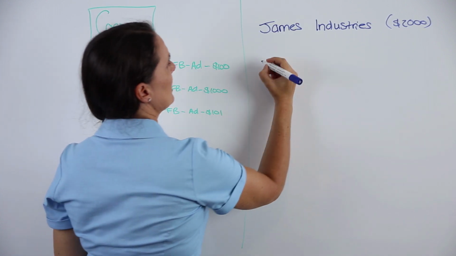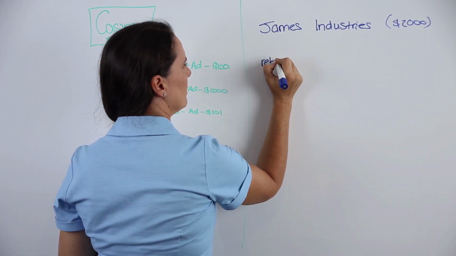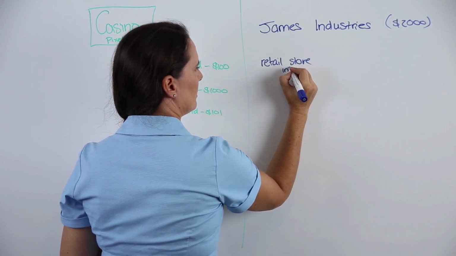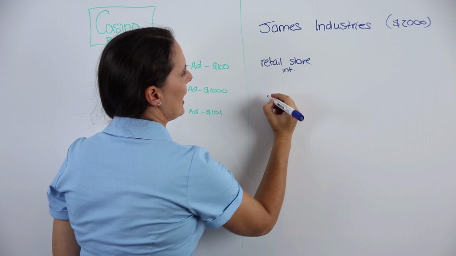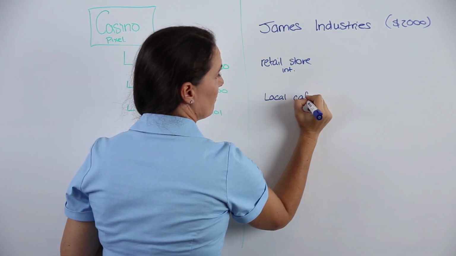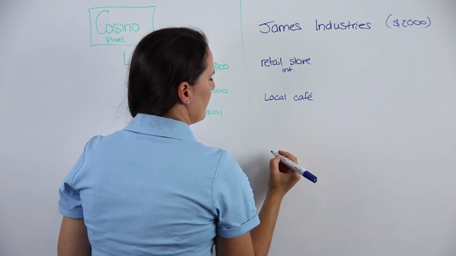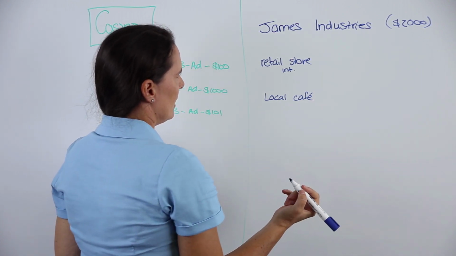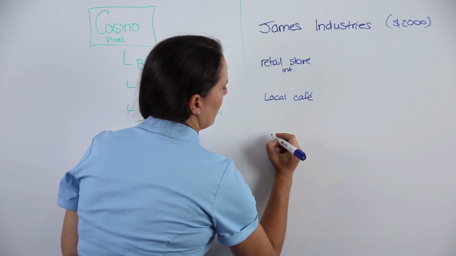Now, James Industries has a retail store, which is international. They have a local cafe, and they also have an event venue.